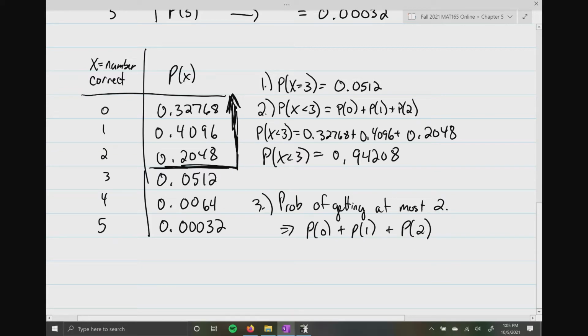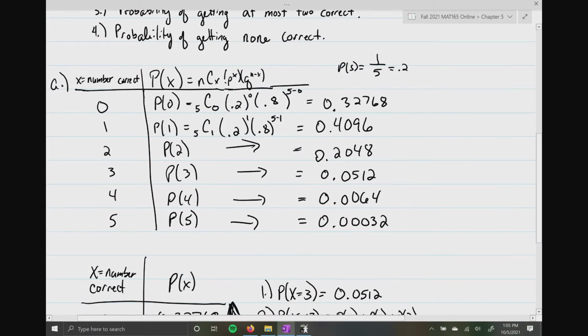So it's the same exact question as what we just did. It's just I asked it 2 different ways. If you think about it, if x is less than 3, then that means you're getting at most 2. So this is going to equal 0.94208.